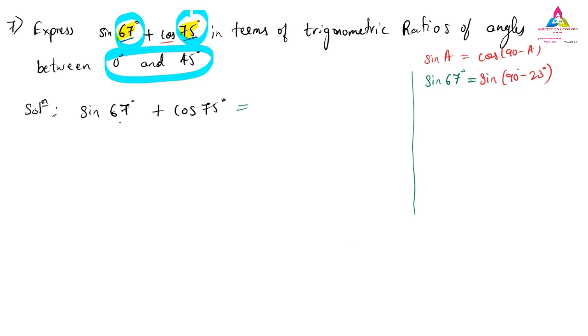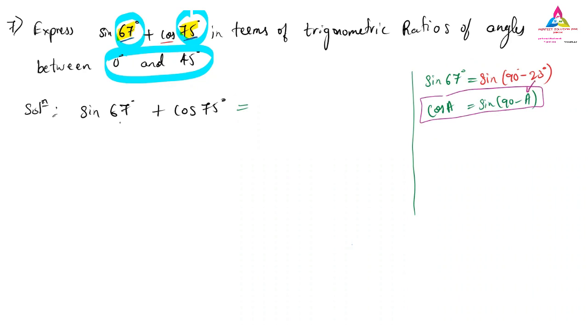It is in the form of sine 90 minus A, and sine 90 minus A is nothing but cos A. So this is the formula we have.